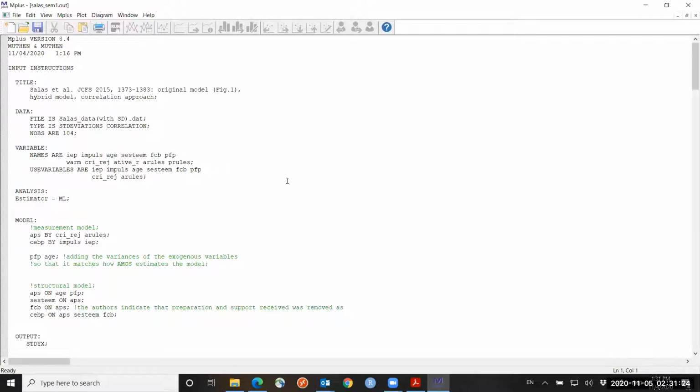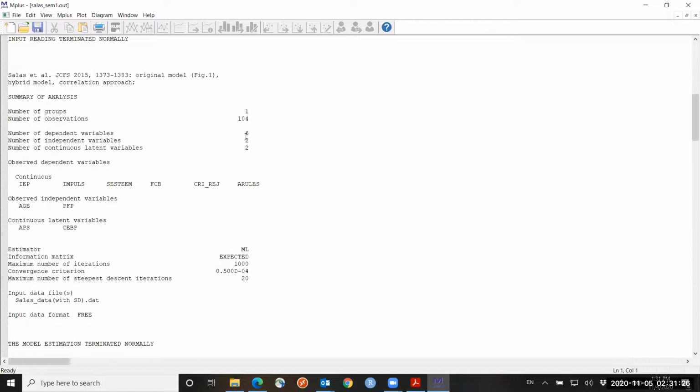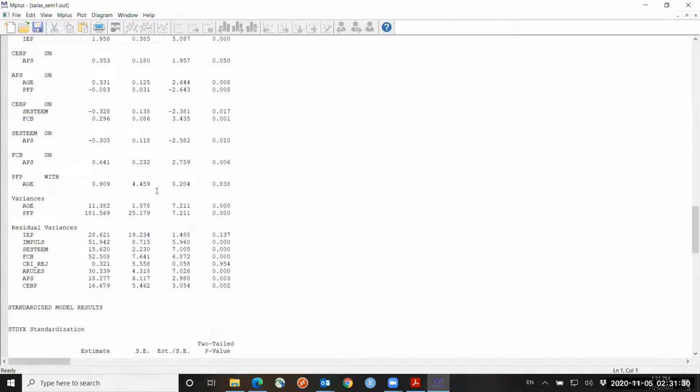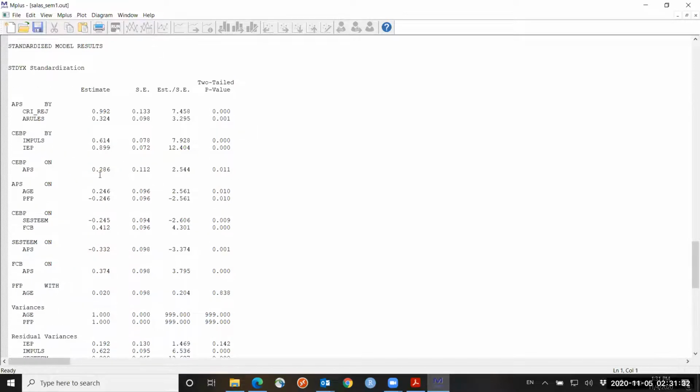Before adjusting for unreliability, look at the standardized results. The effect of FCB on CBP was 0.412. Now let's look at what it is after you adjusted for unreliability.